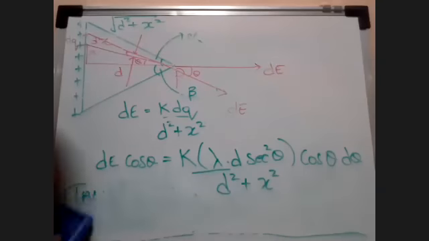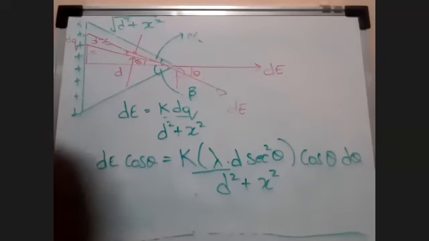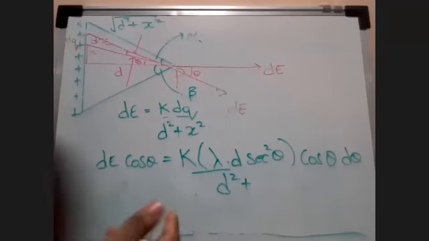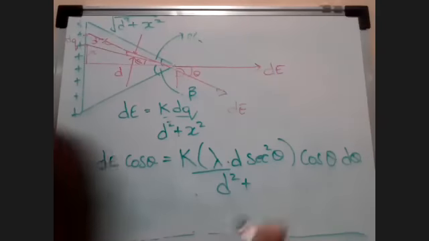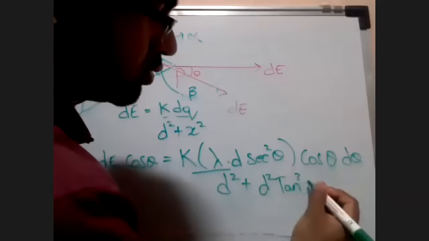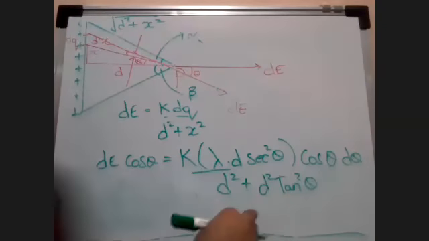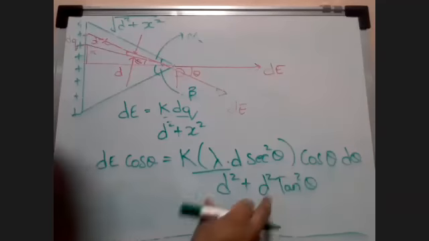Because now it becomes easy. We will write x also in terms of theta. I told you x is equal to d tan theta, so x square will be d square tan square theta. You take d square common.